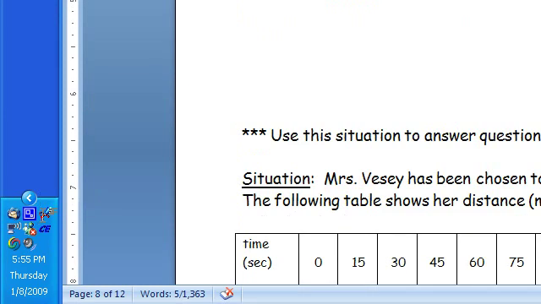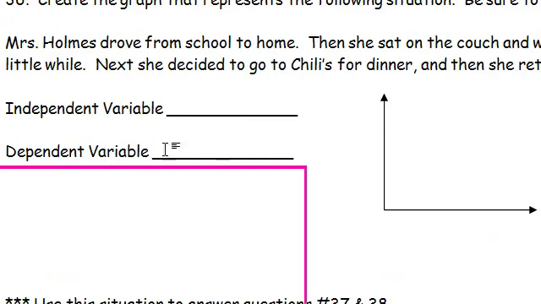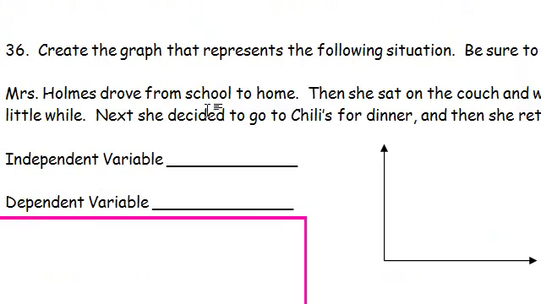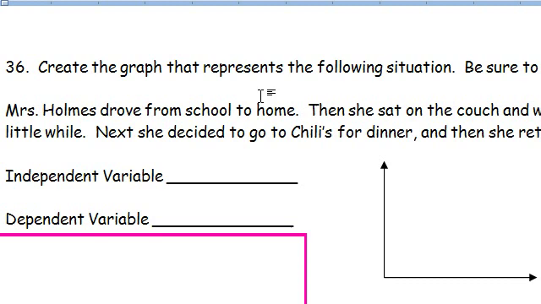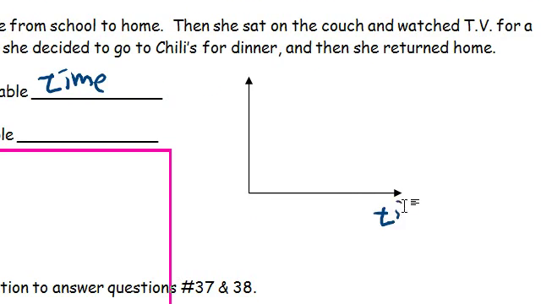So let's take a look at our independent variable and our dependent variable. So it seems that she's driving around. So distance is going to be one variable, and she drives over time. It's per unit time. And time is always an independent variable because time marches on.